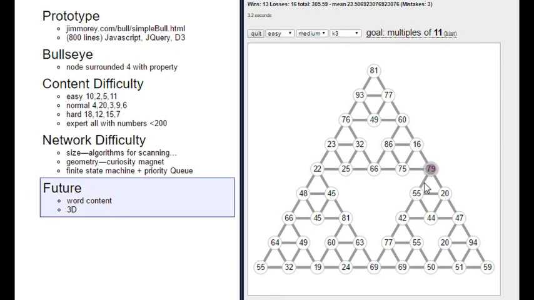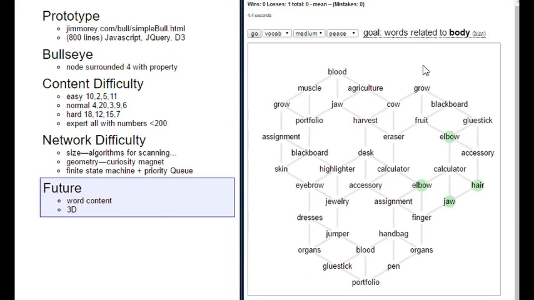Because it's defined by a finite state machine, you could probably easily go to 3D to make some interesting patterns, but perhaps more interesting to many is that you can change to vocabulary or linguistic goals.